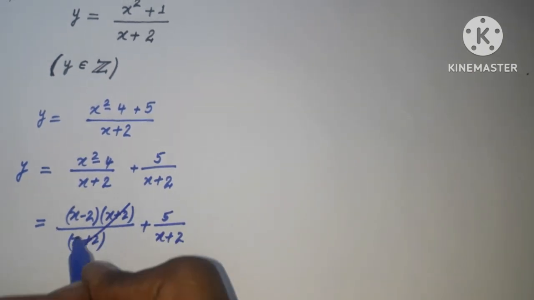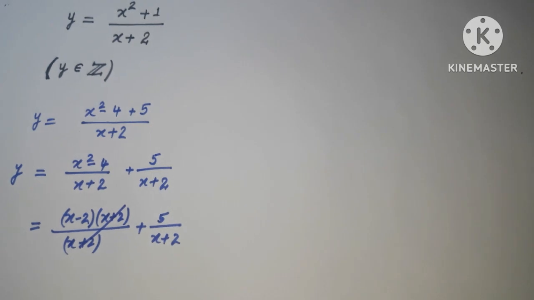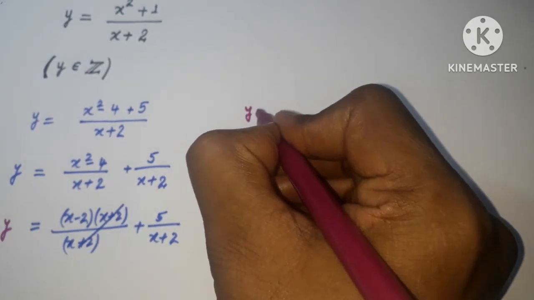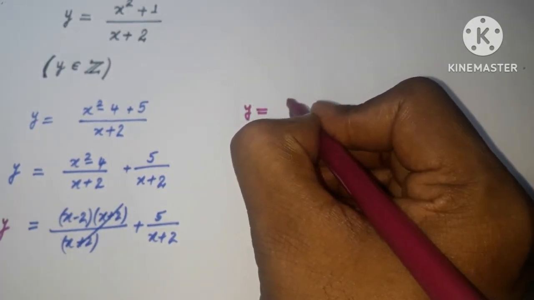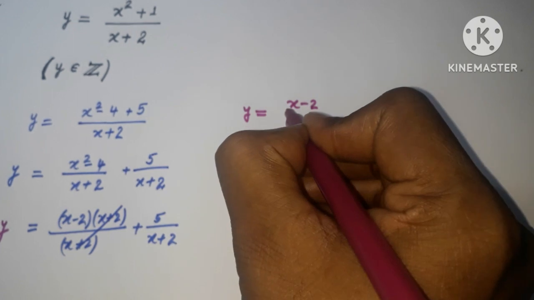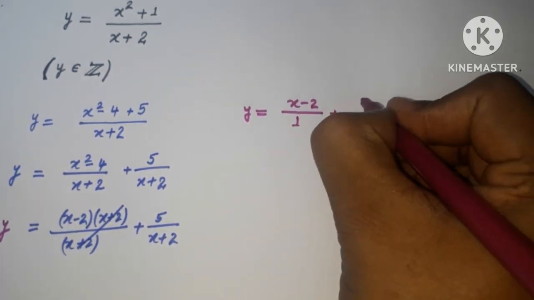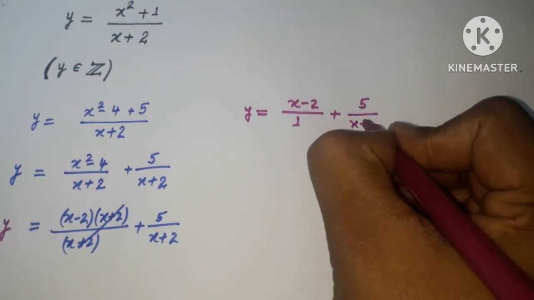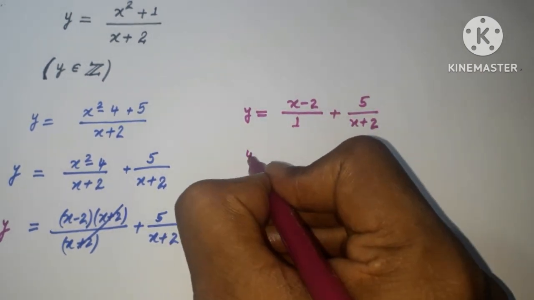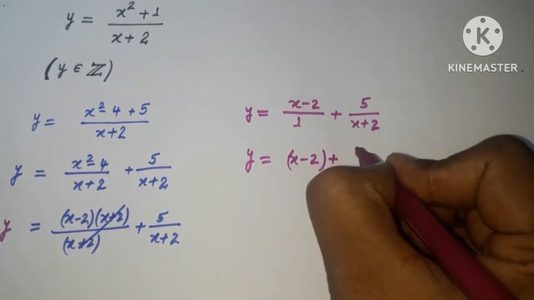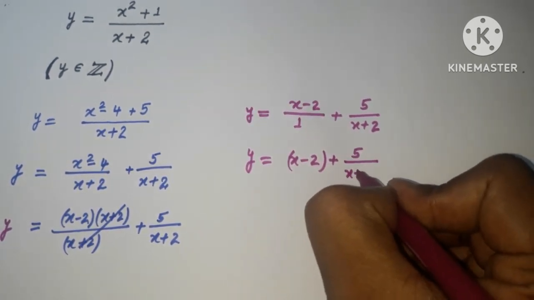We can cancel this, and we have y equal to x minus 2, plus 5 divided by x plus 2. So this can be written as x minus 2 plus 5 divided by x plus 2.